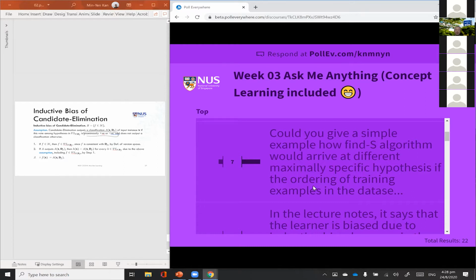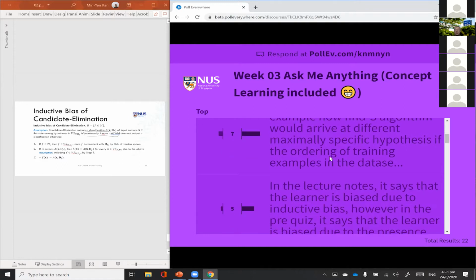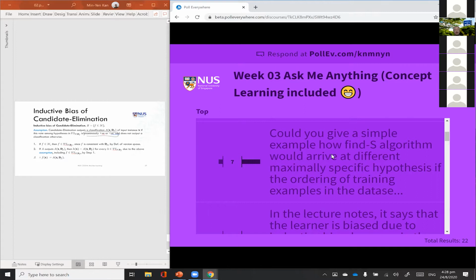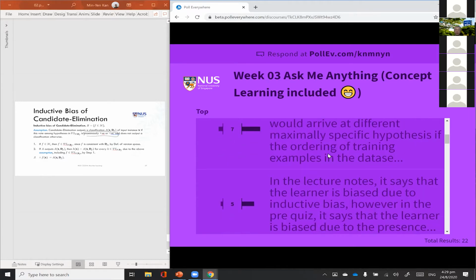So the ordering of the data set also matters in the search for the specific hypotheses. It is a deterministic algorithm, so it is influenced by the order of instances appearing in the algorithm.